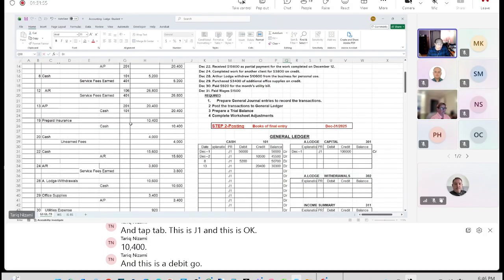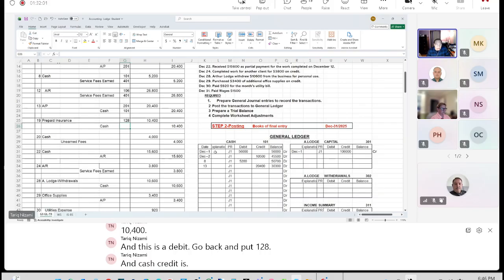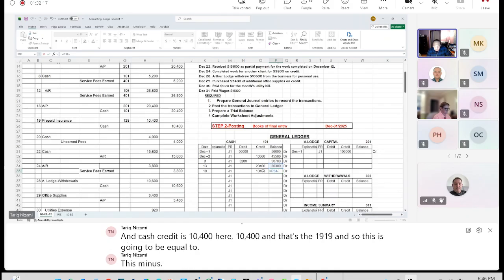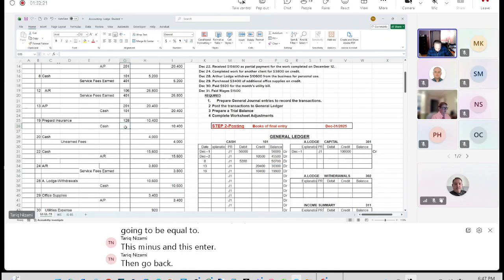Go back and put 128, and cash credit is 10,400 here, and that's the 19th, and so this is going to be equal to this minus this, enter, and go back and put 101.